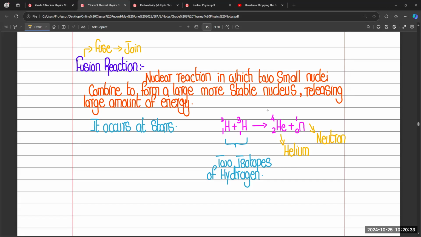And the numbers are very small, so you can see 3 plus 2 is 5 at the start, and in the final result, 4 plus 1 is also equal to 5. So the numbers are balanced. Okay. So this is the equation for the nuclear fusion reaction. Any confusion in this reaction?